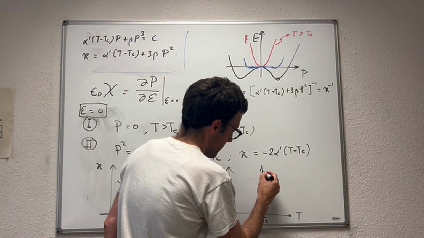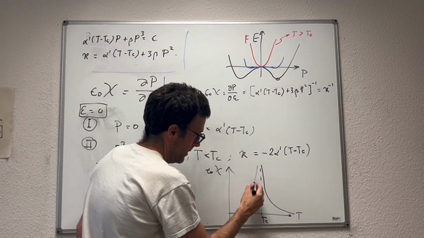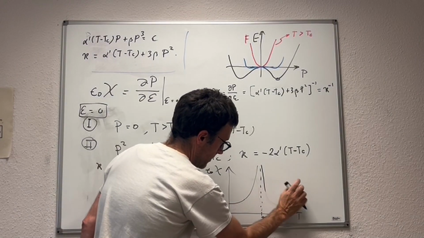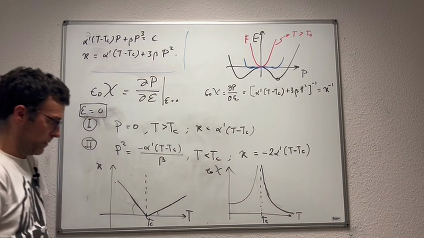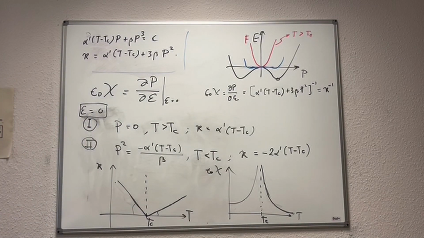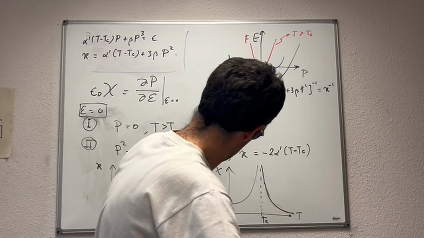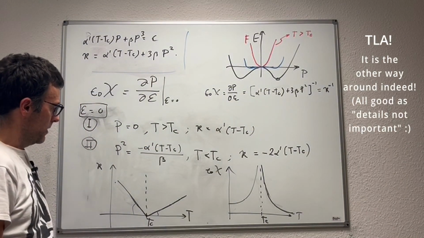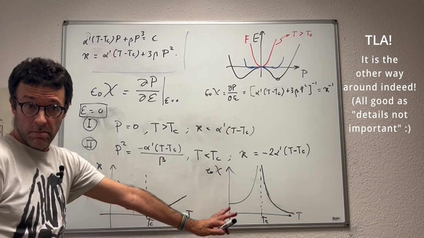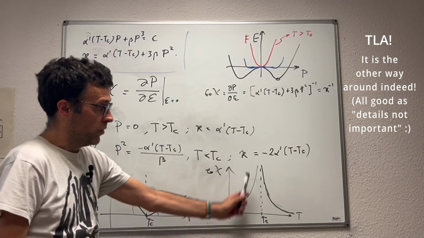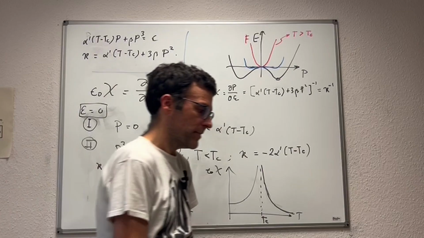So it will be something like this and something like that. It diverges like this. Okay, the details are not important, but we have an infinite susceptibility.